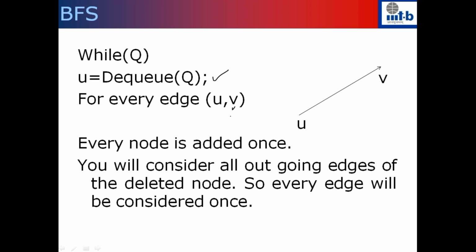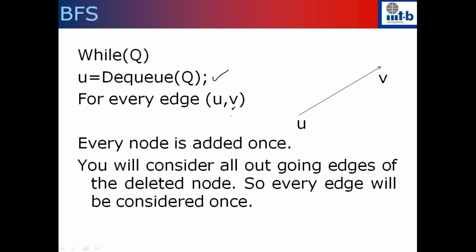So notice that every node is going to be added exactly once into the queue, and our algorithm terminates when you end up deleting all the nodes from the queue. So every node is going to be added once, and every node is going to be deleted exactly once.